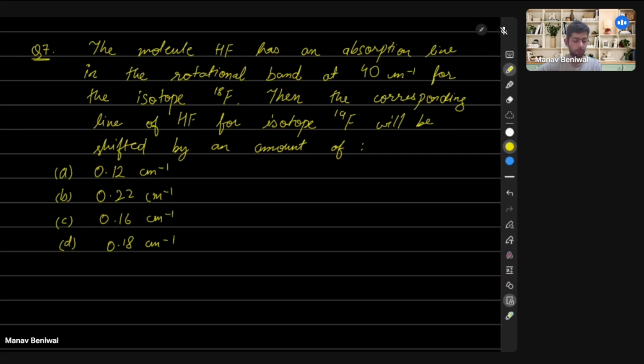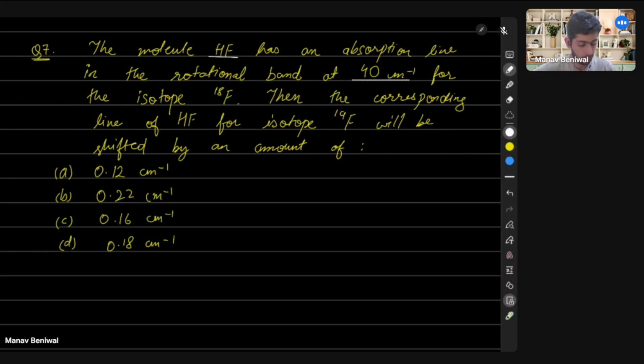So this problem is about hydrogen fluoride molecule, which is HF. Okay, and it has absorption line in the rotational band at 40 centimeter inverse.